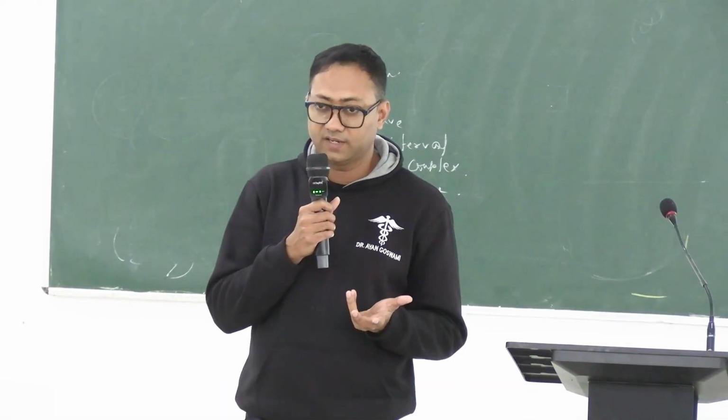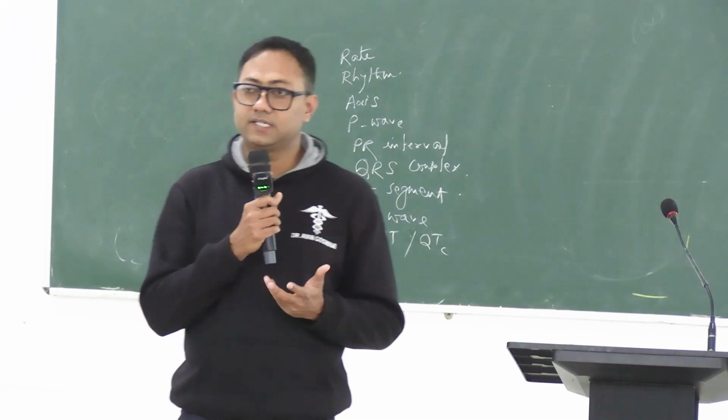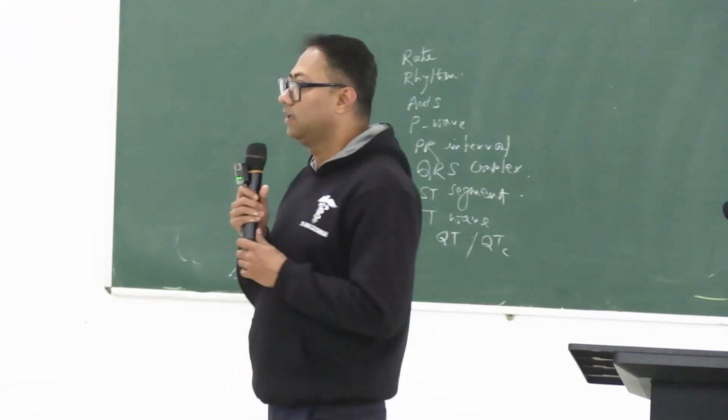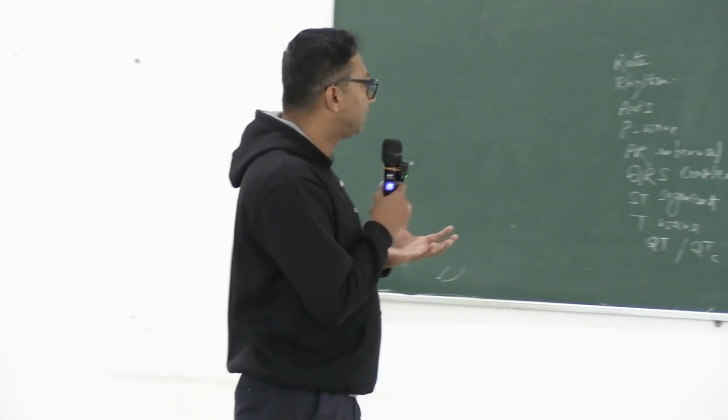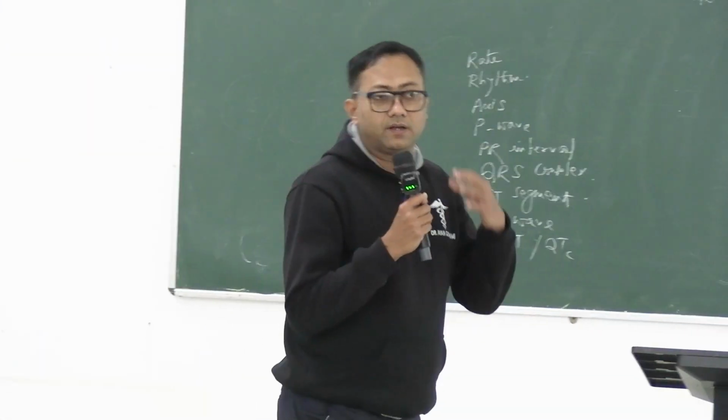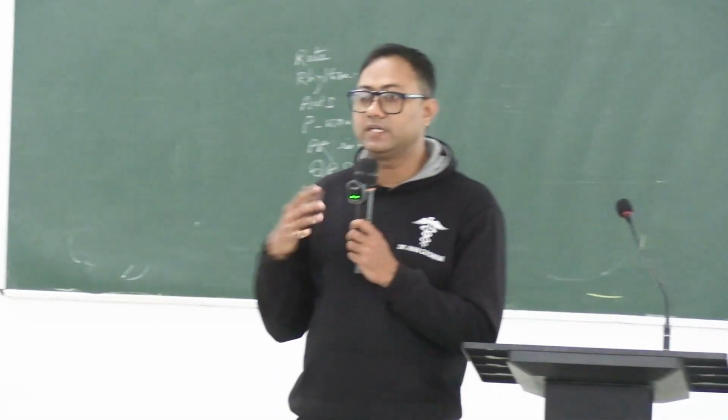That might happen, right? So this is why we also need to calculate the heart rate from an ECG. How to calculate heart rate, rhythm, and axis are the basic things to know from an ECG. So how to calculate heart rate?